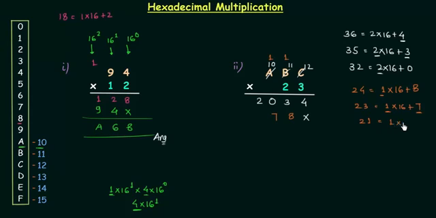Again we have to break it. 5. So 5 will come here and 1 will go as carry, and finally we have 1578 when we multiply ABC by 2.